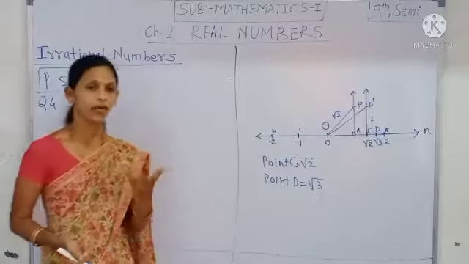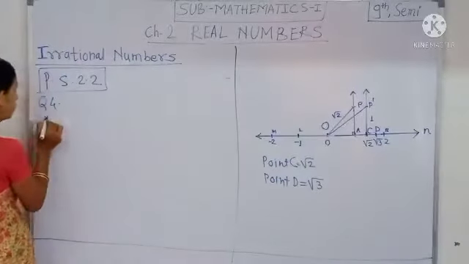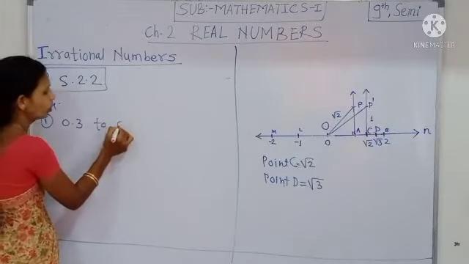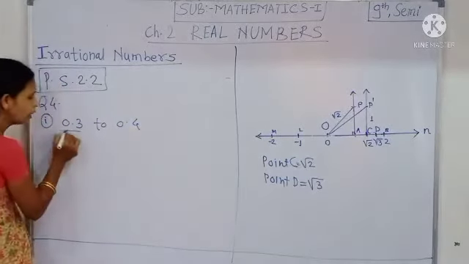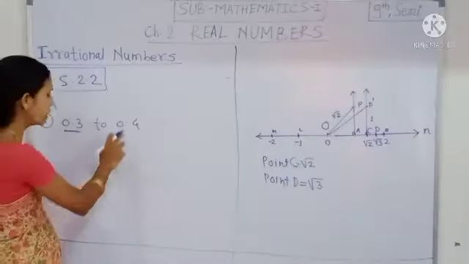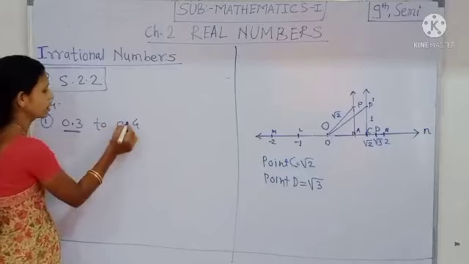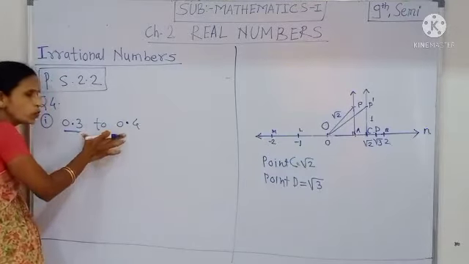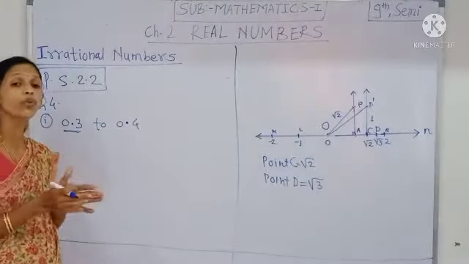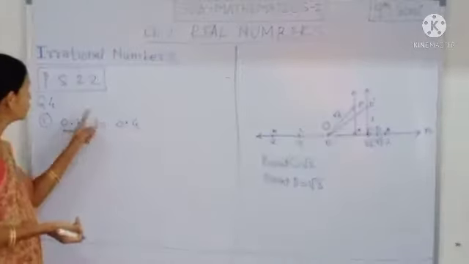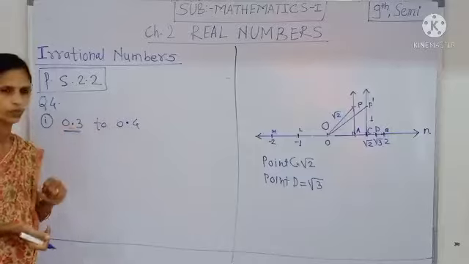Taking one of the examples from it, one example given is 0.3 to 0.4. That means 0.3 is one rational number, as well as 0.4 is another rational number. And between these 2 rational numbers, we have to find 3 rational numbers which lie between 0.3 and 0.4.